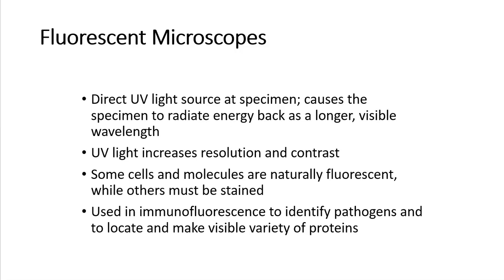It does increase resolution and contrast. We'll talk about resolution in a second, but some cells are naturally fluorescent. Some have to be stained with a fluorescent dye. Okay, we can also use immunofluorescence, which is common in the laboratory, where you attach the fluorescence to an antibody to identify the pathogen.